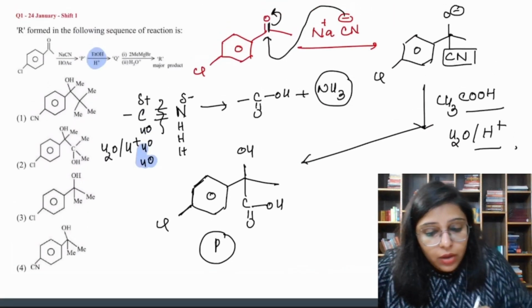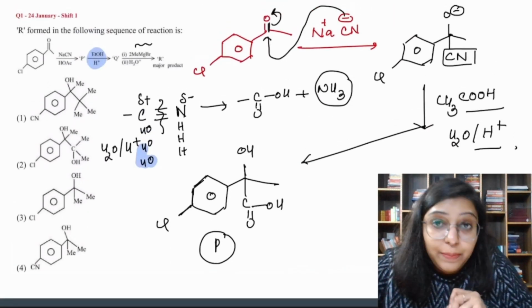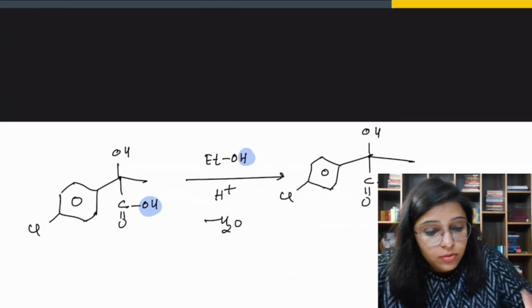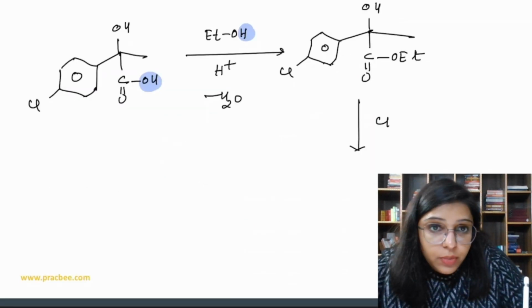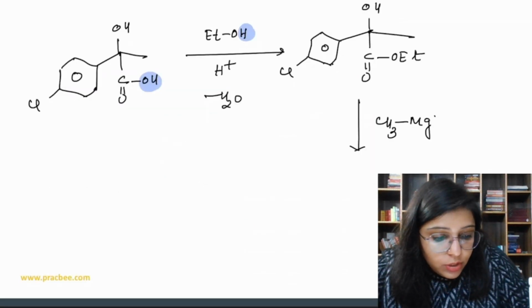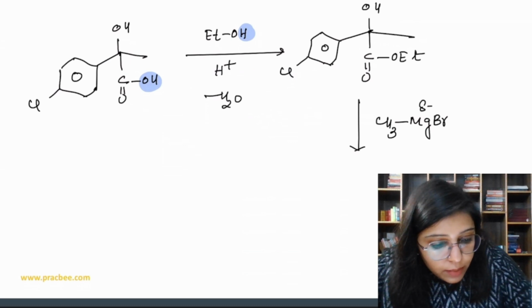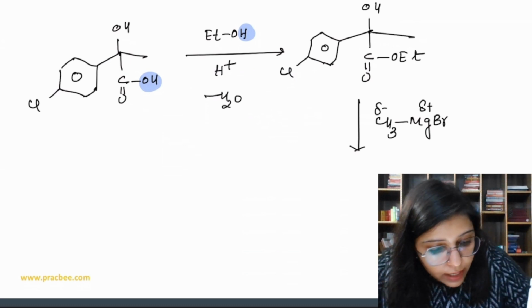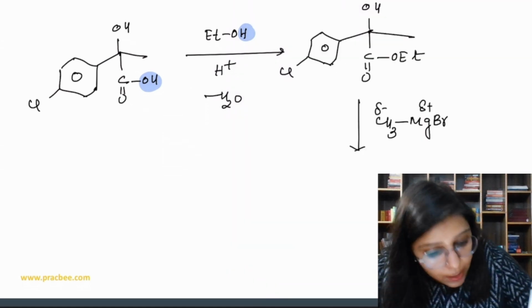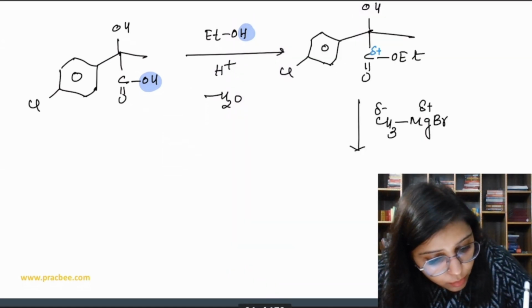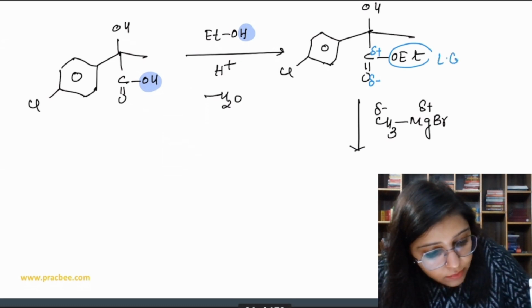Fine. Now we have 2 moles of MeMgBr and then hydrolysis. So CH3MgBr, with delta positive, delta negative, and here carbonyl carbon delta positive, oxygen delta negative, and OEt is going to be the leaving group.